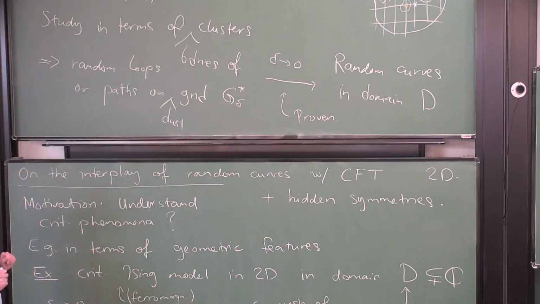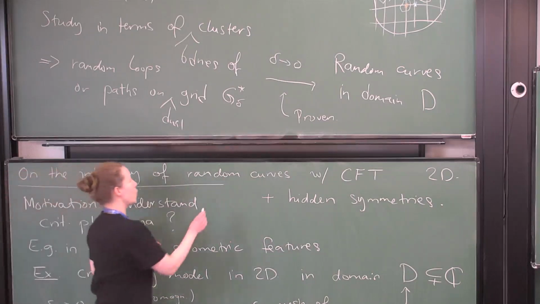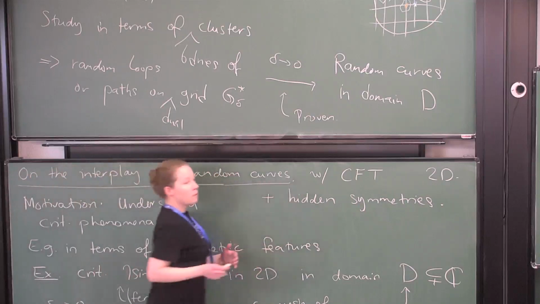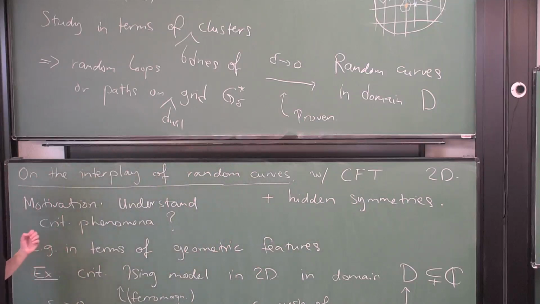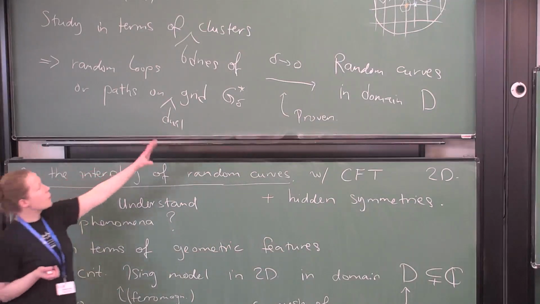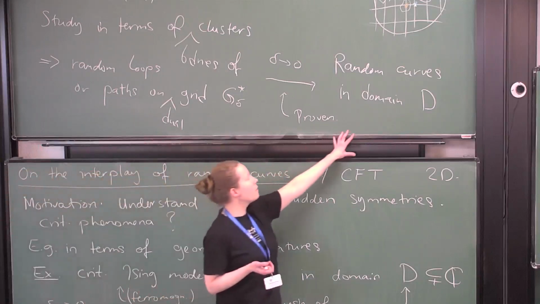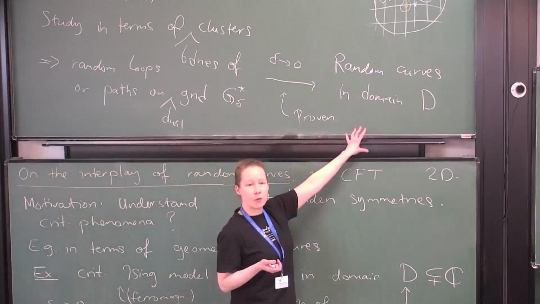Okay. So this is somehow the random curves part. And if you look at the critical point, the critical temperature in the Ising model case, you expect that these random curves that survive have some conformal invariance properties, right?